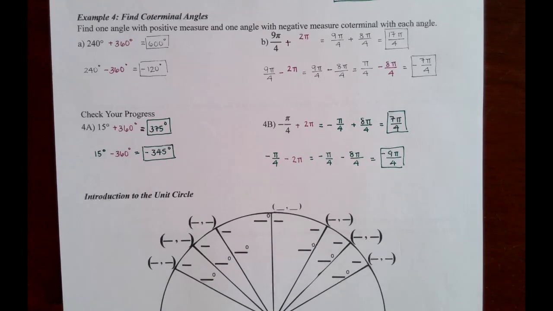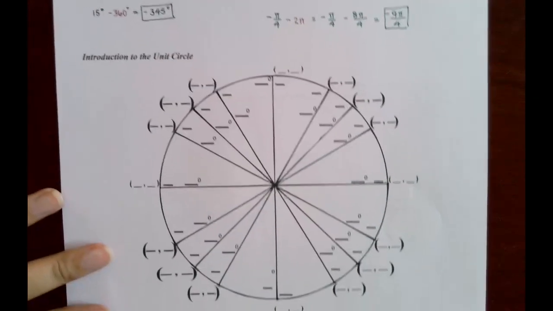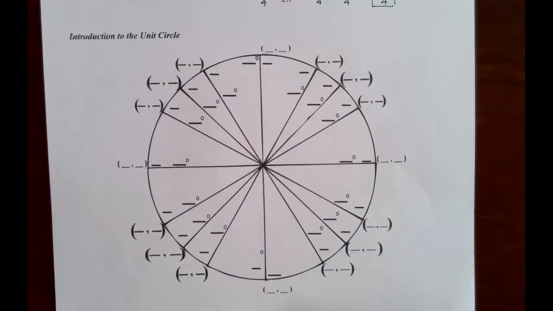Okay, so this is where the book ends for this lesson. However, in this lesson, it introduced to you the unit circle, and then somehow, without ever teaching it to you in the book, by the end of the chapter, it expects you to know the unit circle. Since some of you might be going on to pre-calculus or calculus, and you're going to have it memorized anyways, we're just going to start by memorizing it now.